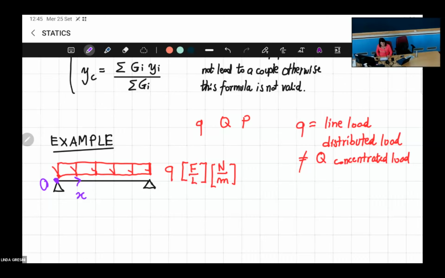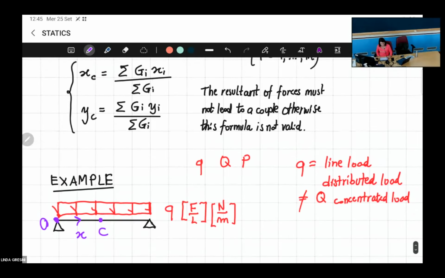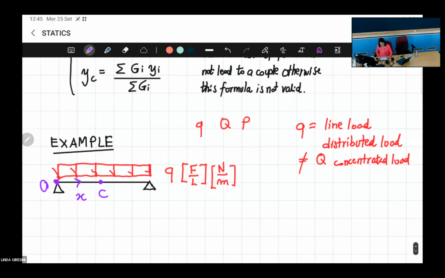So x is the same. We would like to find the centroid C, the centroid of forces, and the resultant of forces. So we want to find Q, which will be, for example, this one.